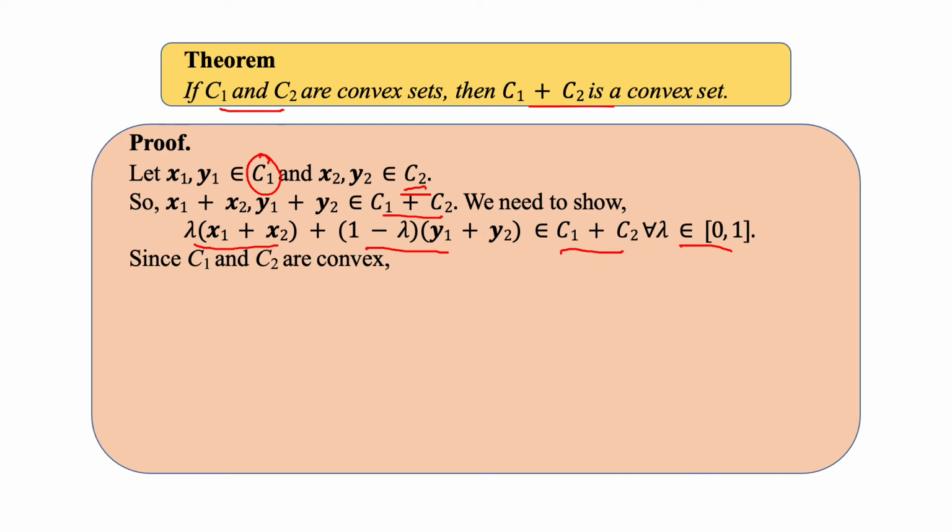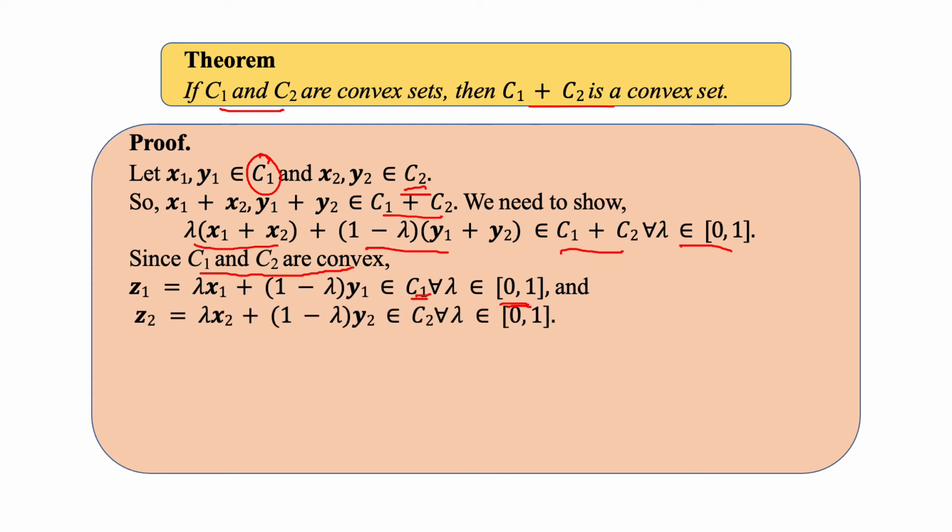Now remember that what is given to us is C1 and C2 are convex sets. So if you take two vectors x1 and y1 in C1, then the line segment joining x1 and y1 lies in the set C1. So if I write z1 to be lambda x1 plus 1 minus lambda y1, then it will belong to C1 for all the lambdas in the range 0 to 1.